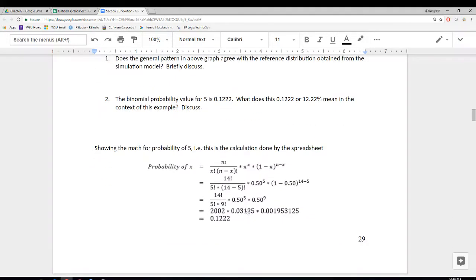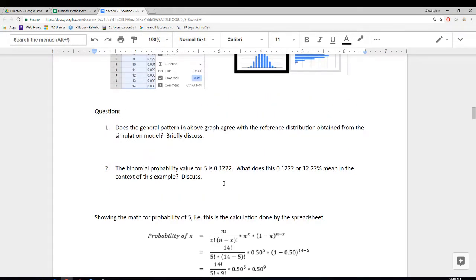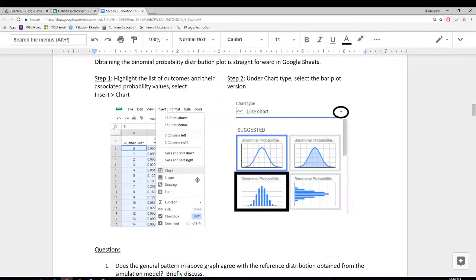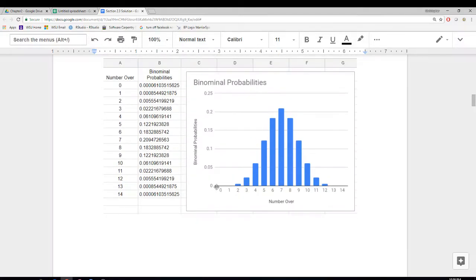All right, let's take care of a couple of questions here on page 29. Does the general pattern in the graph that we obtained from our spreadsheet agree with that from the simulation model? And the answer to that is yes. If we go back up here and look at our reference distribution, remember that the number line went from 0 to 14.